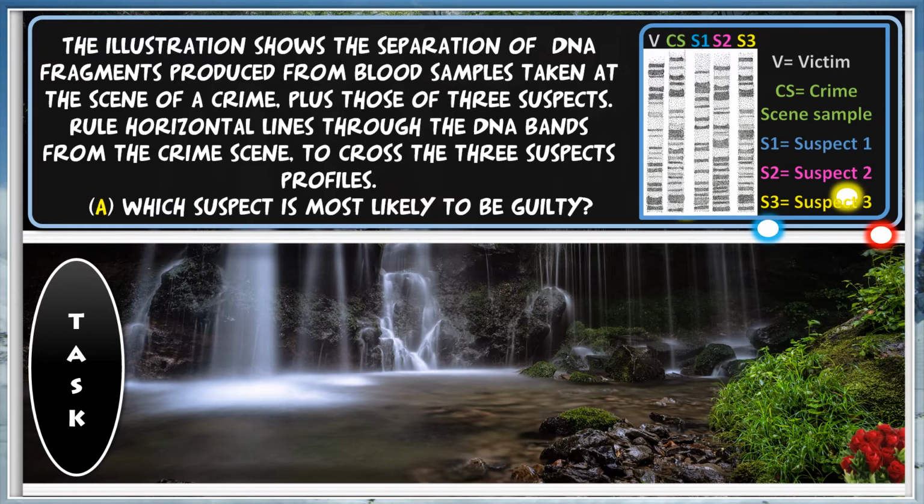Part A. Which suspect is most likely to be guilty? We have the victim, the crime scene DNA, and samples of suspect 1, suspect 2, and suspect 3 DNA.